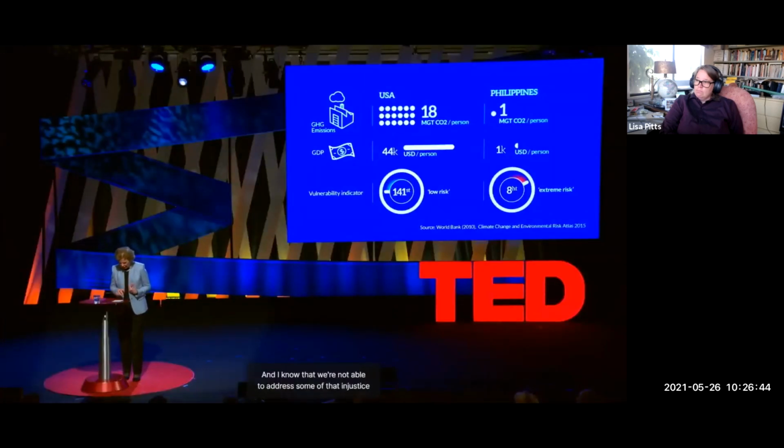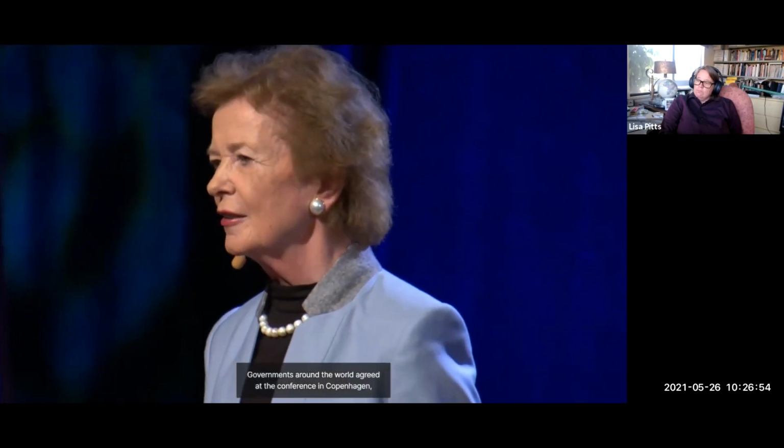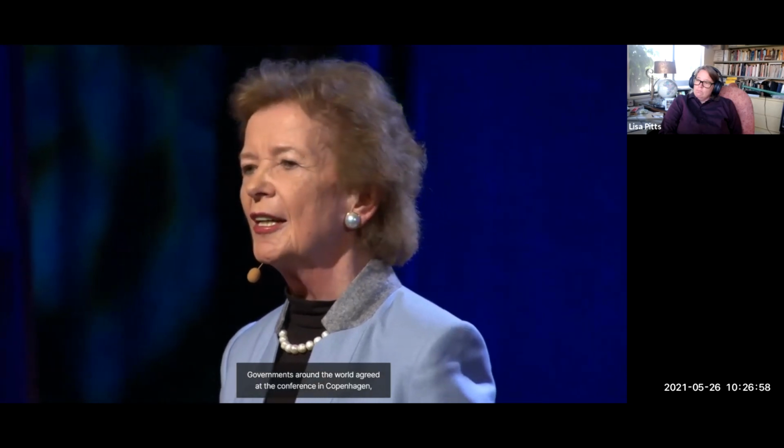And I know that we're not able to address some of that injustice because we're not on course for a safe world. Governments around the world agreed at the conference in Copenhagen and have repeated it at every conference on climate, that we have to stay below 2 degrees Celsius of warming above pre-industrial standards.